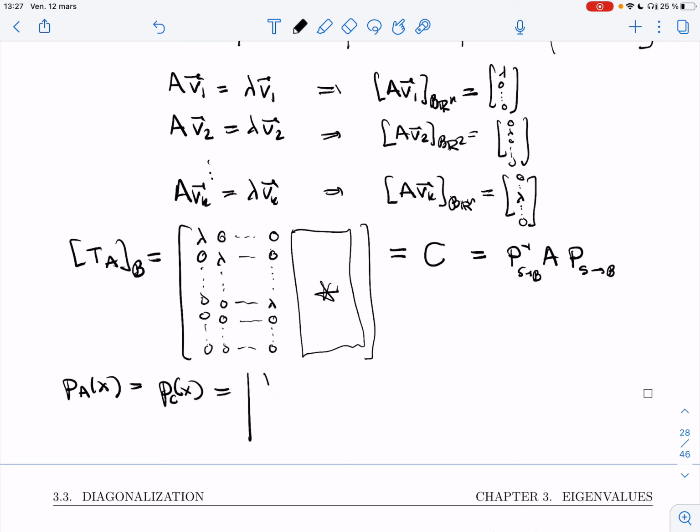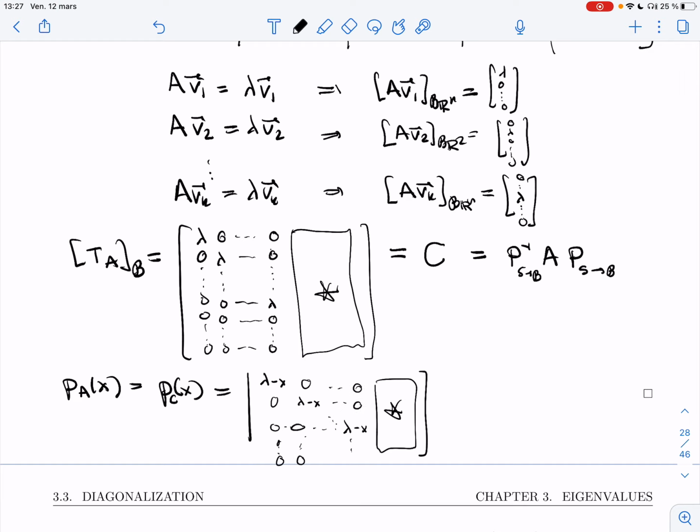But in this one, I have a bunch of nice columns and then a mess. And so when I expand it, it's just so many zeros.